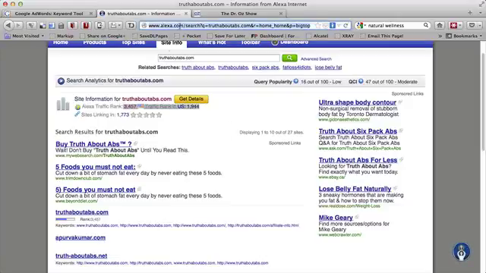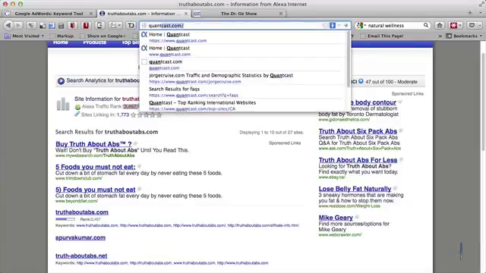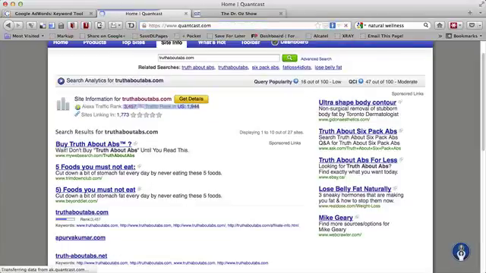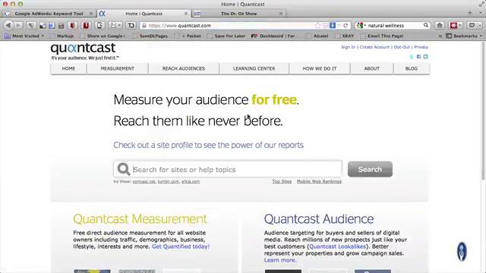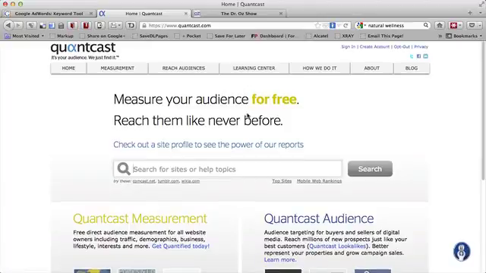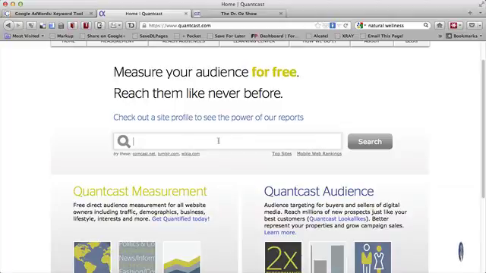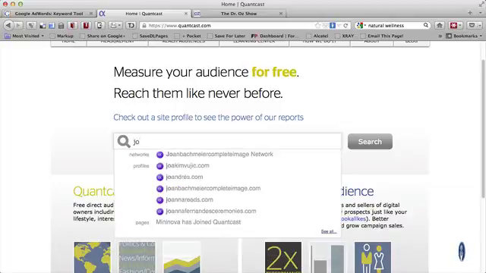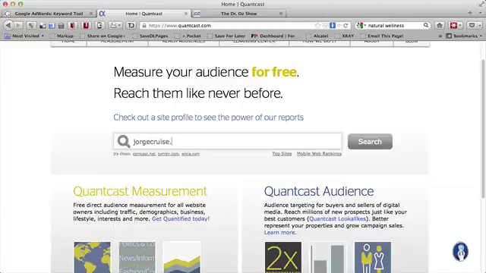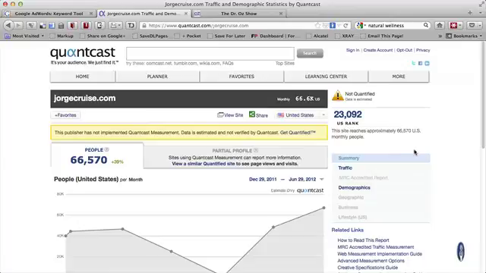The thing that I like even more is going over to Quantcast, because if you're going to do any advertising on media where it's helpful to know what the demographics are, like Facebook, which is one of my favorites, then let's say I put, the one that I like here is jorgecruz.com as an example, because I know that's somebody that Evans interviewed before.